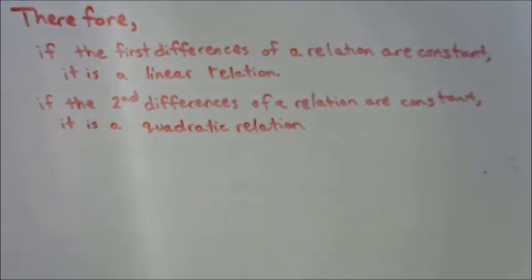So this works both ways. If it's a linear relation, the first differences will be constant. If the first differences are constant, you know it's a linear relationship. That works both ways. Same with second differences and quadratic relations.